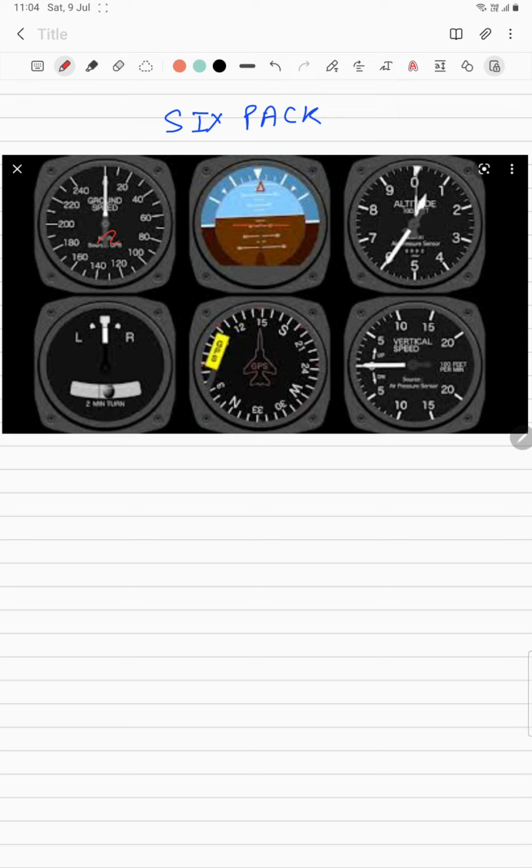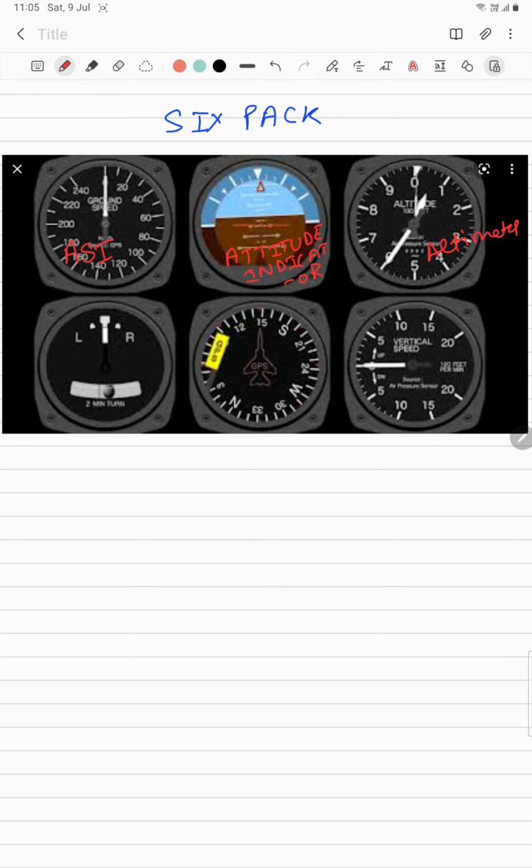So first we have the airspeed indicator, which is known as your ASI. The second instrument that we have here is our attitude indicator. Now the third instrument we're talking about is your altimeter, which shows your altitude.